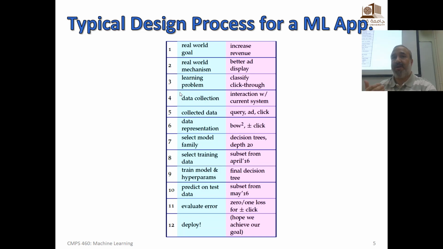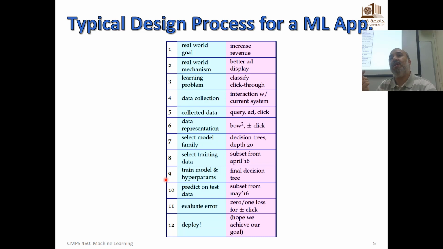So we started with the application of a search engine company that wants to increase their income or revenue, and the idea was to display better ads. So we converted the problem into a learning problem by classifying whether the user will click on this ad or not.